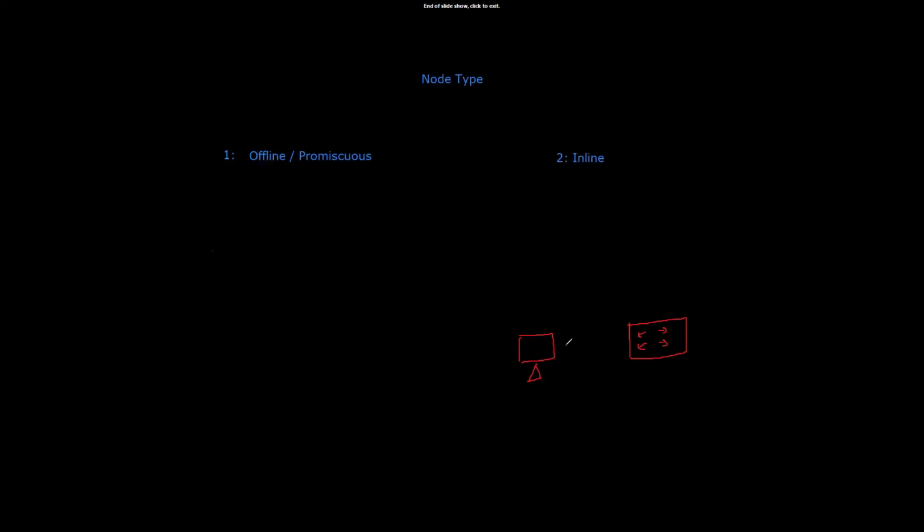This is the switch through which the user connects. And here somewhere we have network resources which this user wants to access.